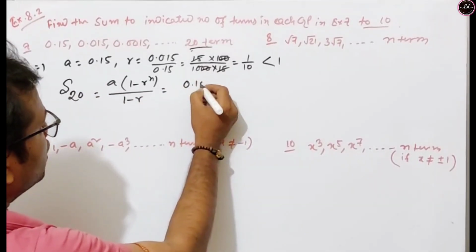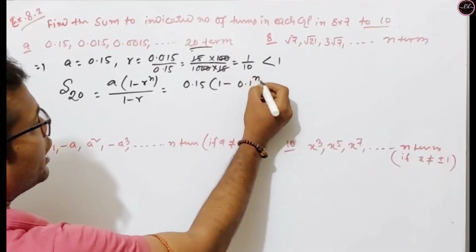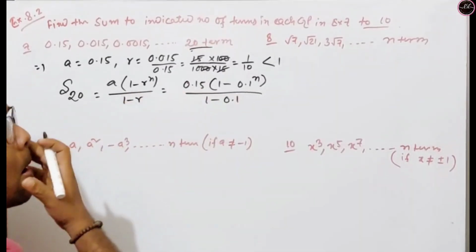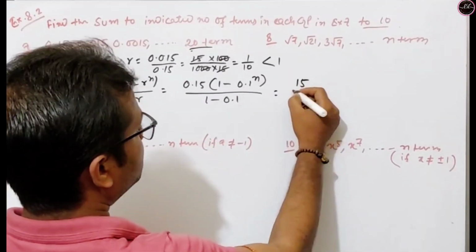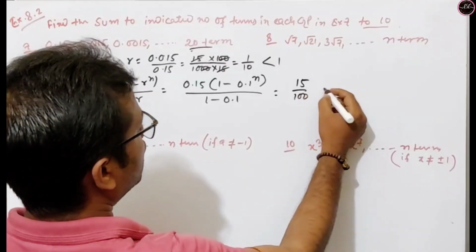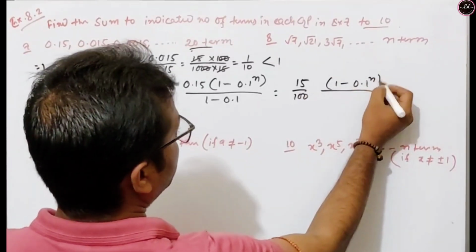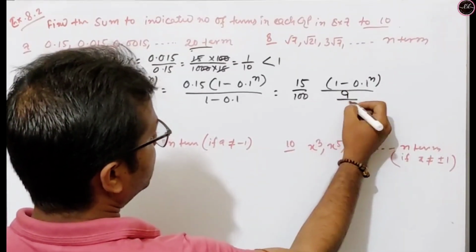a is equal to 0.15, r equal to 0.1, so we can write (1 minus 0.1 to the power n) divided by (1 minus 0.1). Here 10 minus 1, that means 9 by 10.